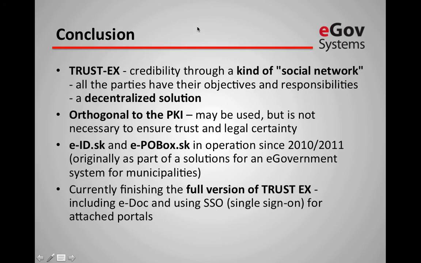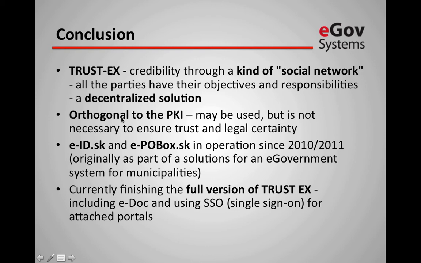Conclusion: TRUST-EX is creating a kind of social network. That means a network of parties on the internet who trust each other and bring a similar environment of mutual trust to the internet as known from real life, however based on a decentralized solution.